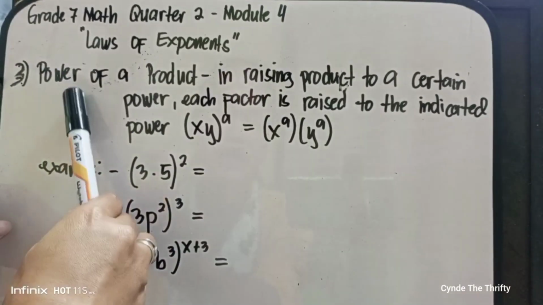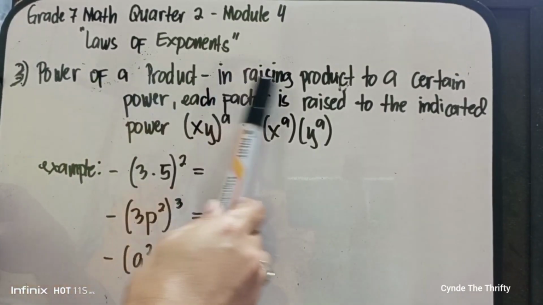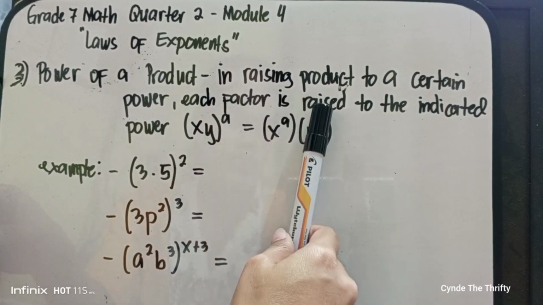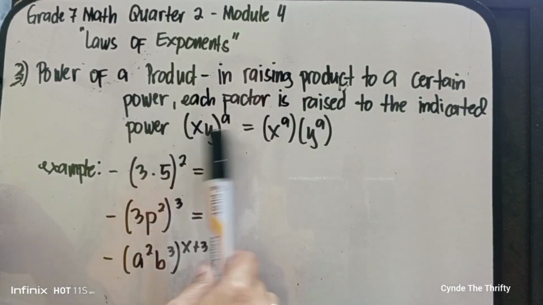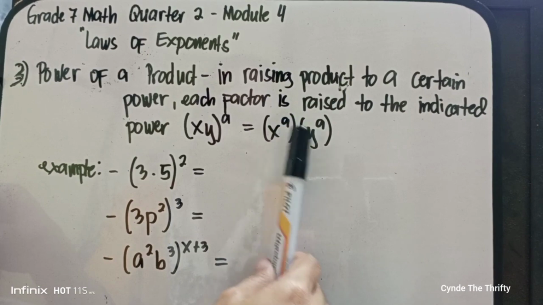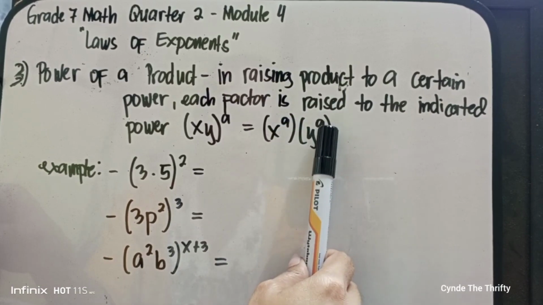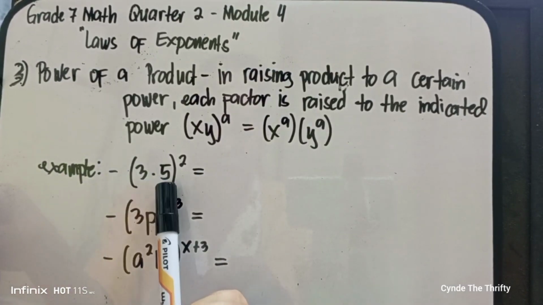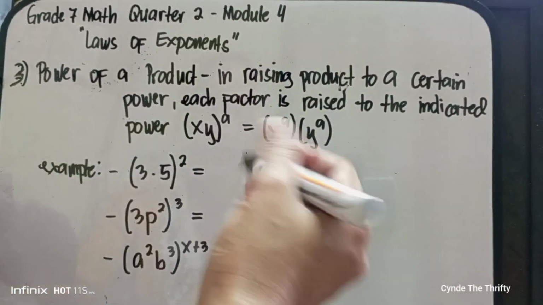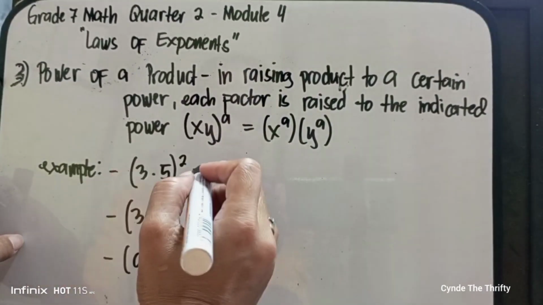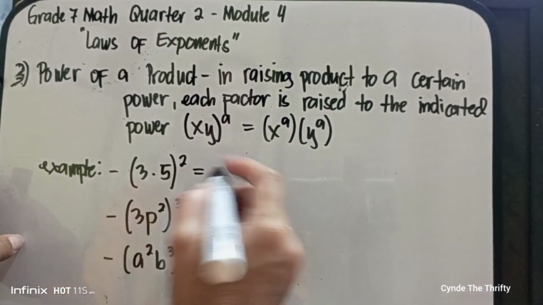Third law is power of a product. In raising a product to a certain power, each factor is raised to the indicated power. So just like this one, si x is i-raise mo sa power ni a at si y is i-raise mo sa power ni a. For example, 3 times 5, squared. Kasi lahat ng factor is i-raise mo into the indicated power.